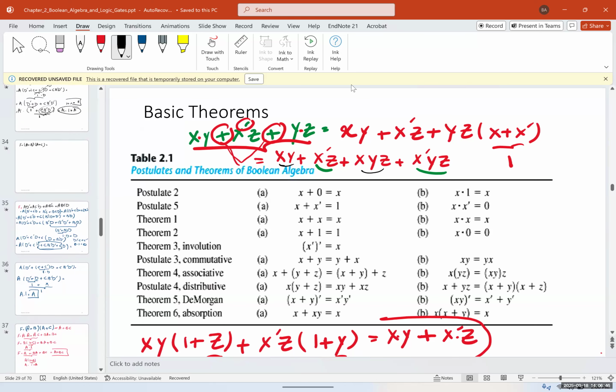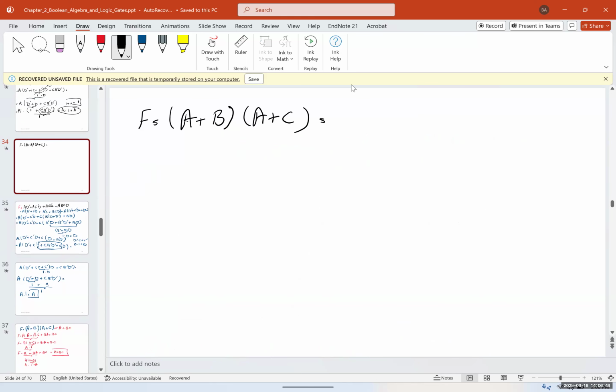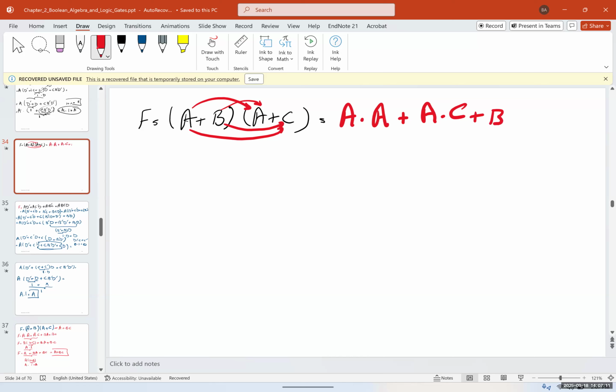Okay. So first thing, we just multiply these two parentheses. So it's going to be A, A plus AC plus BA or AB plus BC.